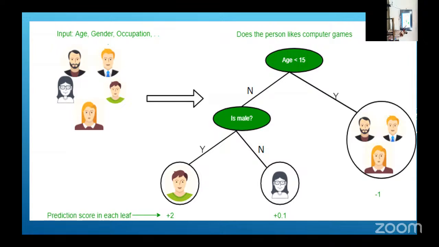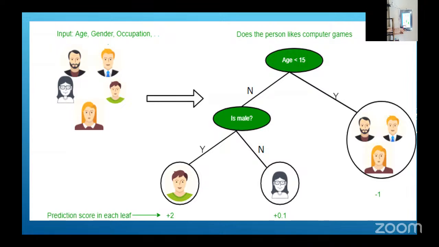So here I have taken the age as less than 15 because I have to divide the class. I have to do the classification based on the features. For age less than 15, I am getting two trees, left tree and right tree.